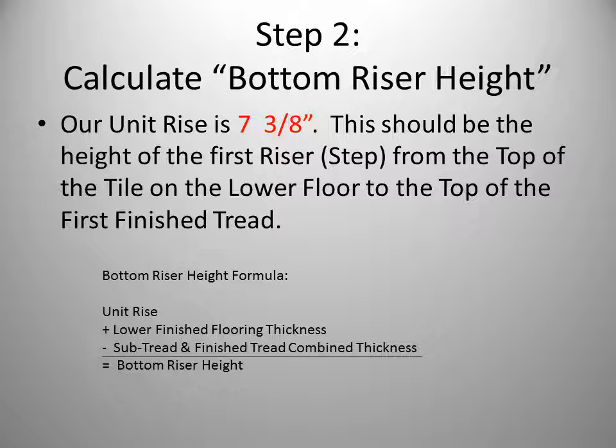To get there, we use the following formula. We start with our unit rise, in this case 7 3/8 inches, and then we'll add our lower finished flooring material thickness, and then we'll subtract the total thickness of our treads, which includes the sub-tread and the finished tread. This will give us our bottom riser height.